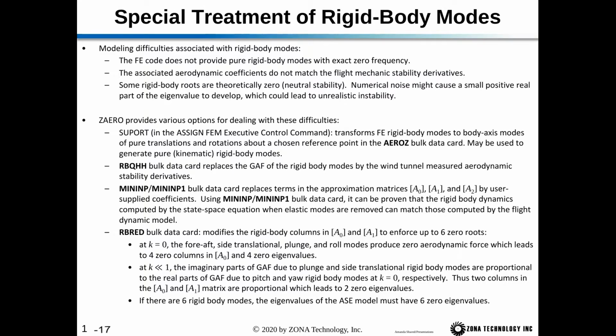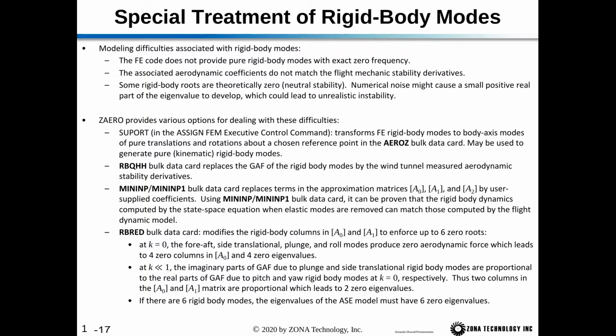So using these cards, it can be proven that the rigid body dynamics computed by the state space equation when elastic modes are removed can match those computed by the flight dynamic model. So if you're doing an ASE analysis, I'd recommend using both the RBQHH card and the MINIMP1 bulk data card to update the aerodynamic stability derivatives with those that you have measured either by wind tunnel data or calculated by CFD.